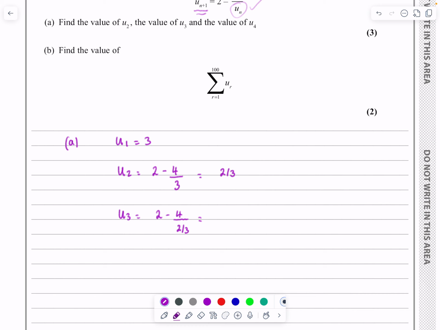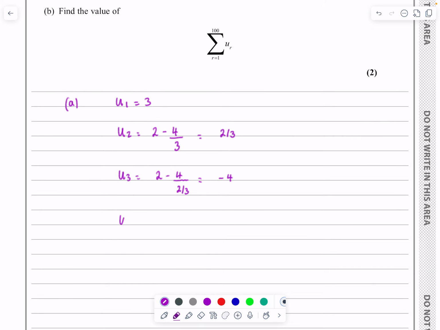Now, if you do that, that works out to be equal to minus 4. And then if we do U4, which is 2 minus 4 divided by my previous term, which is minus 4, we actually end up back at 3 again. So before I even do any more work with this, that's the answer to U2, U3, U4.